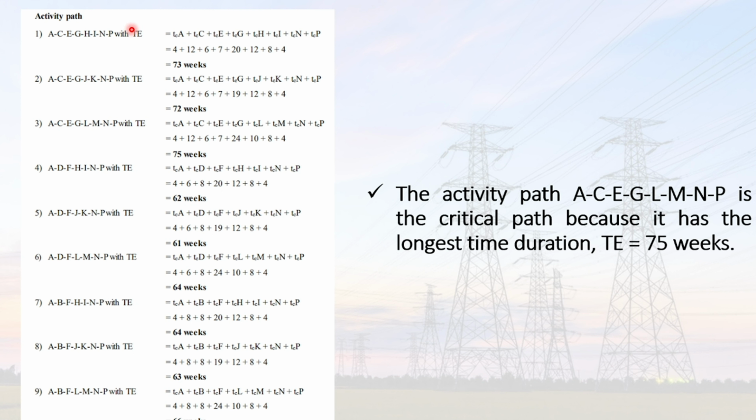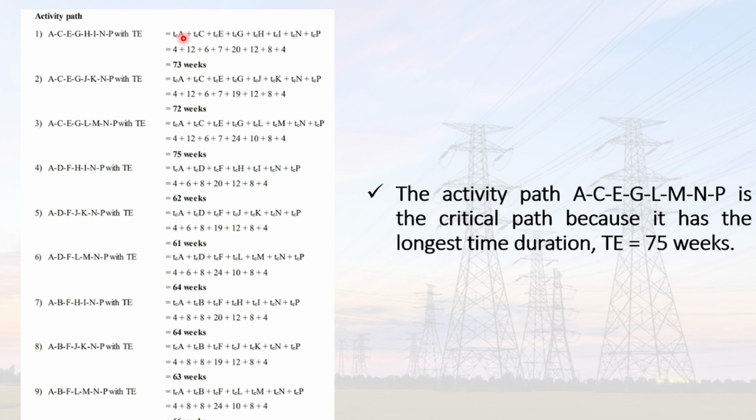By calculating the activity time for each path, like A is 4, C is 12 weeks, E is 6 weeks, and so on, we can find that the first activity path needs 73 weeks to finish the job.